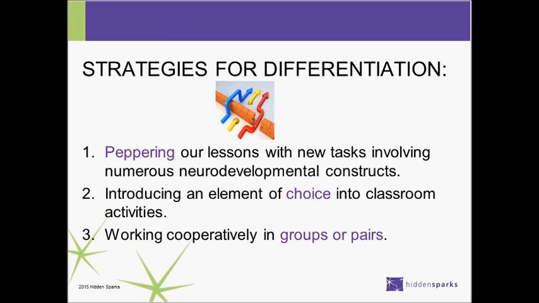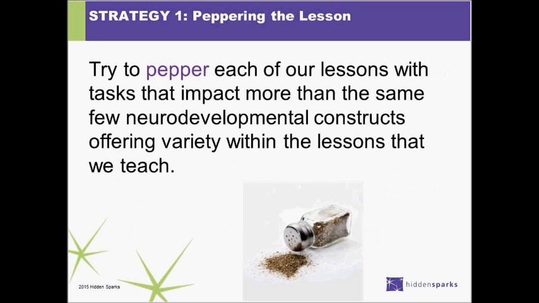So some strategies for differentiating in our classroom. One would be peppering our lessons with new tasks involving numerous neurodevelopmental constructs, which is really what we've been talking about until now. The second would be introducing an element of choice into classroom activities. And the third would be working cooperatively in groups or pairs. So let's develop these a little bit more fully.